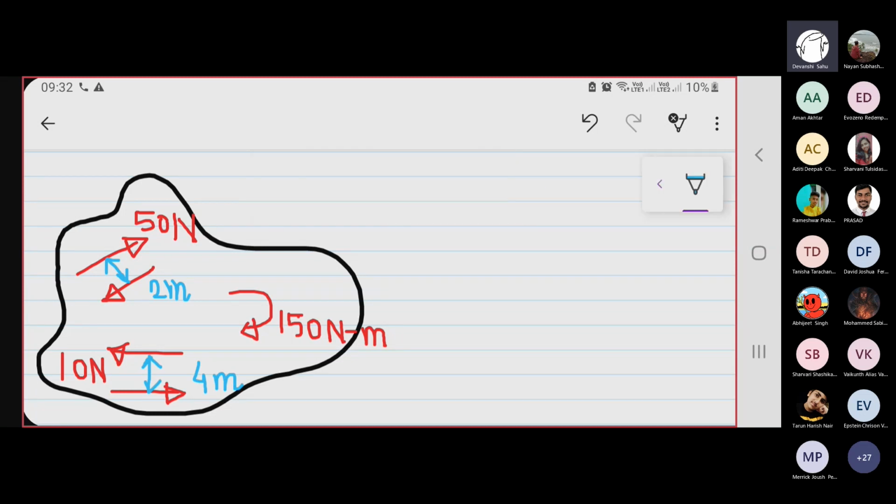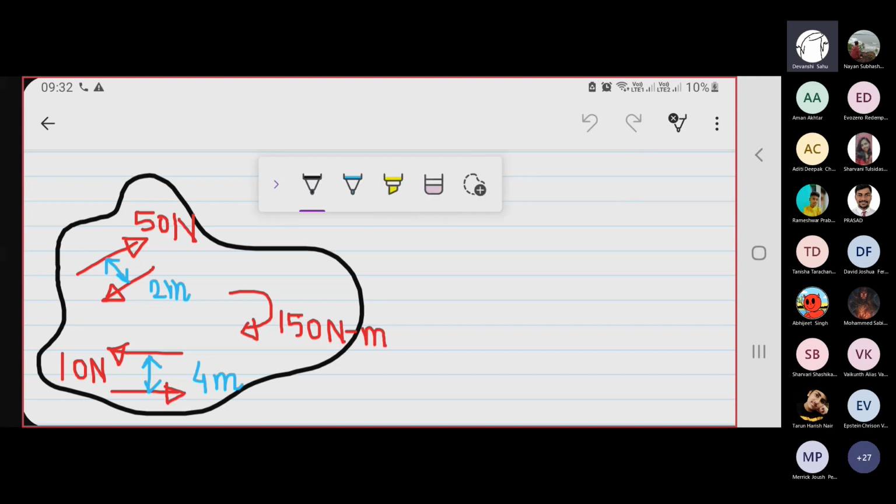So one moment and two couples are given, and they're asking you to get a final value of moment. So couple is a special form of moment, and how to find a value or convert into moment?